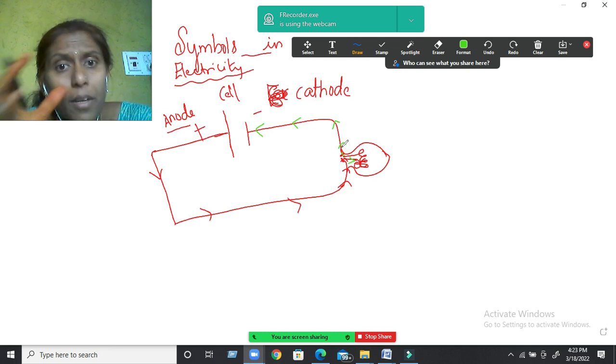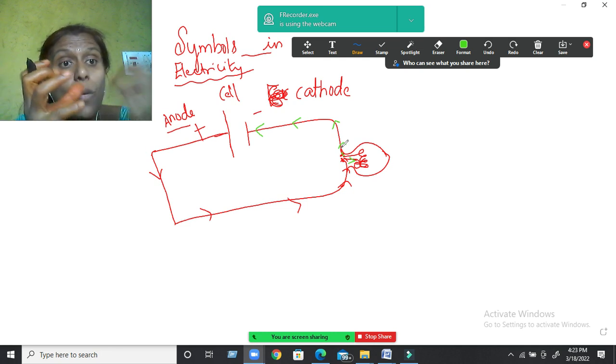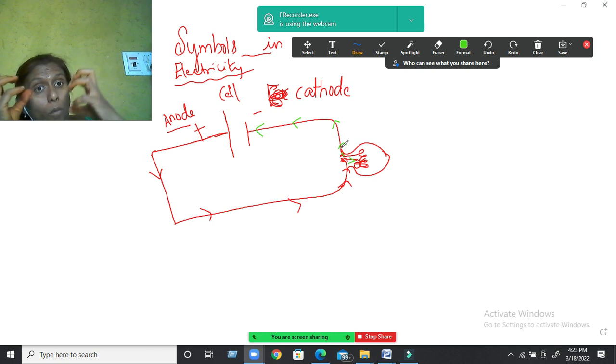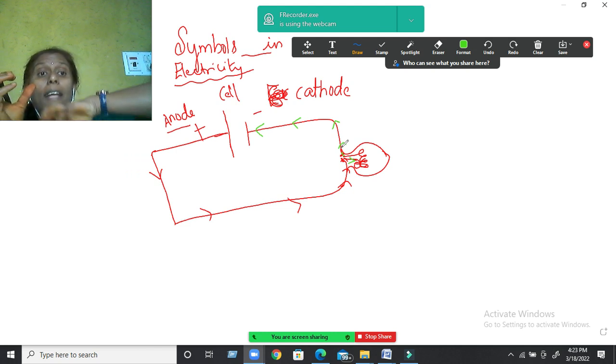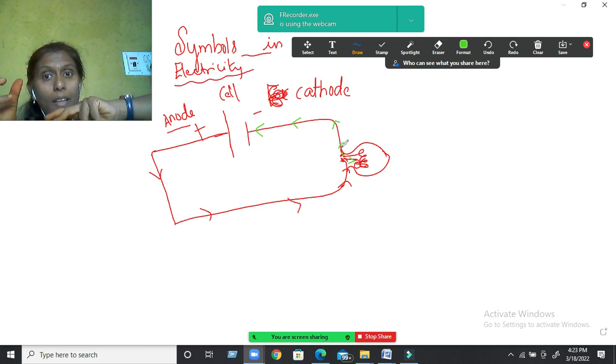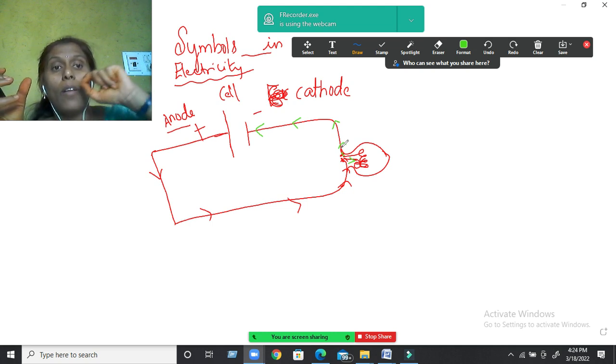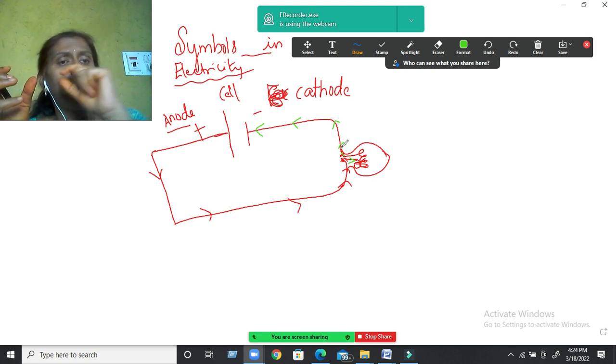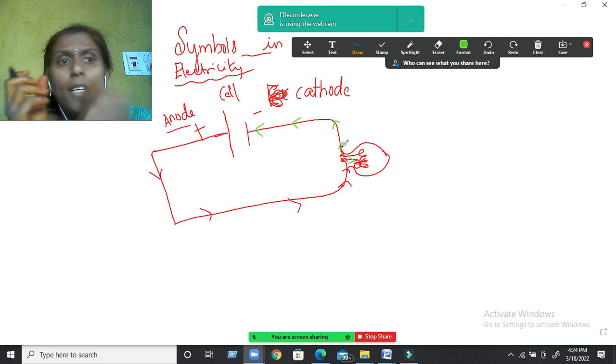Similarly here, the energy, the power coming out in this circuit, especially from the anode, is making that filament glow. That filament is getting charged. And which filament can get charged? That is nothing but any conducting material. What kind of material is that?